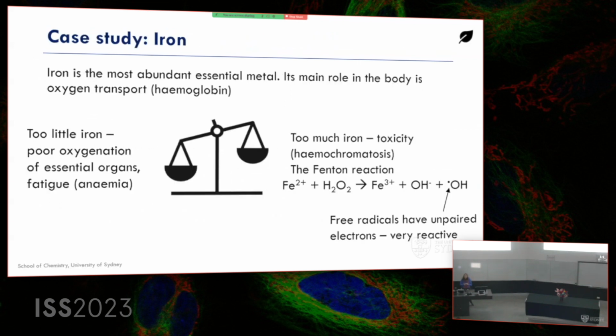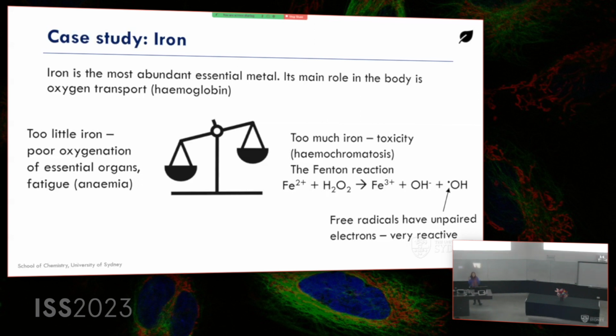If you have too much iron, it can also be toxic. And the reason for that is that iron is really good at, well, we know that if we have an iron nail, it will rust. It's really good at undergoing redox reactions, oxidizing and reducing. And in the body, the redox reaction it takes part in is the Fenton reaction, where it reacts with hydrogen peroxide and produces this free radical, the hydroxyl radical.